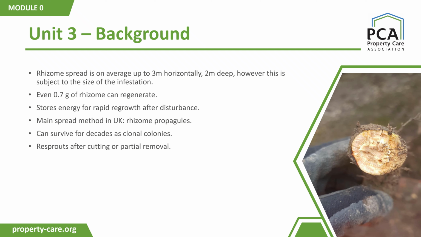The rhizome system is the key to Japanese knotweed's persistence in the UK. Underground, it forms an extensive network that on average spreads 3 meters horizontally and 2 meters in depth. This is of course subject to the size of the infestation, and we wouldn't expect a small single stem growth to be this size, but equally mature infestations can grow bigger than this.